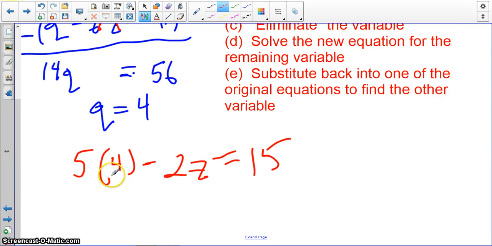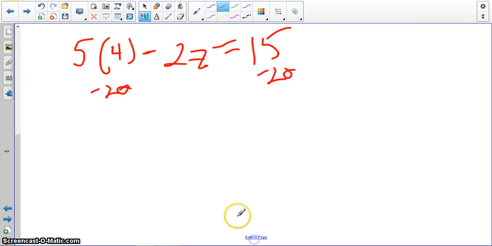So we get 20. So I minus 20, minus 20. You don't have to show that step if you don't like to. So we get negative 2z is negative 5.